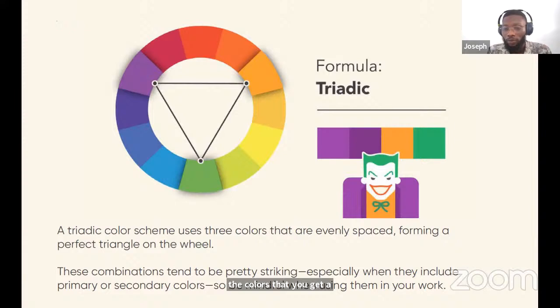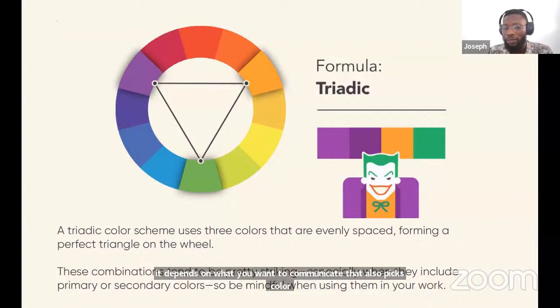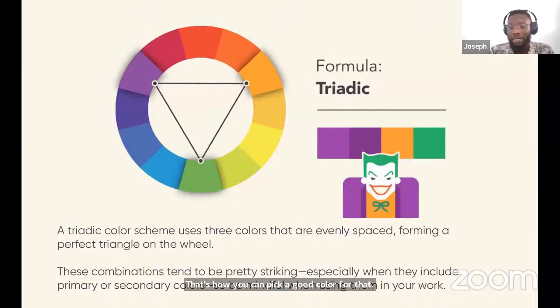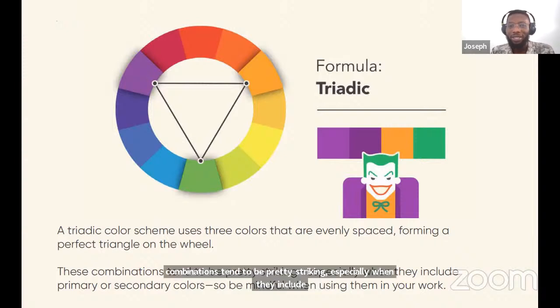It depends on the colors, the language, because color also communicates. So it depends on what you want to communicate that also picks the color. That's how you can pick a good color for that. These combinations tend to be pretty striking, especially when they include primary or secondary colors.